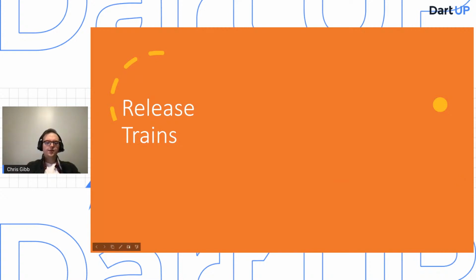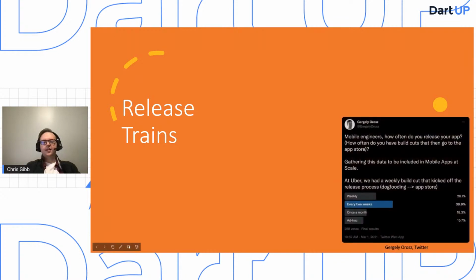So one approach is release trains. Gergely Orosz, aka the Pragmatic Engineer, the author of Building Mobile Apps at Scale, among some other great books, which I have here. Great book.